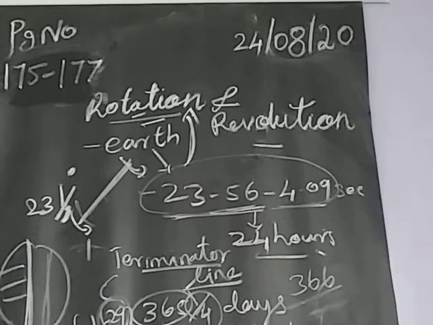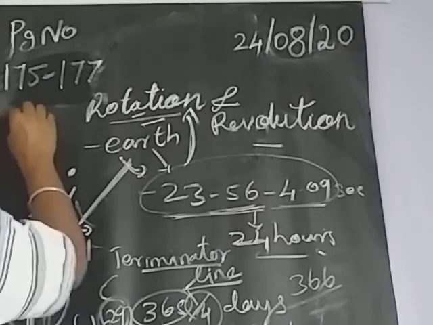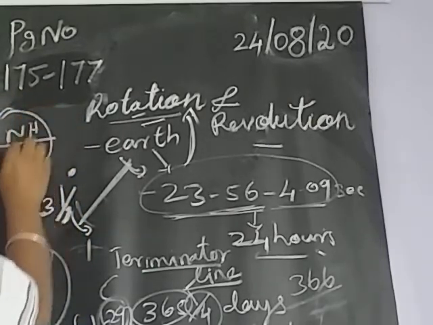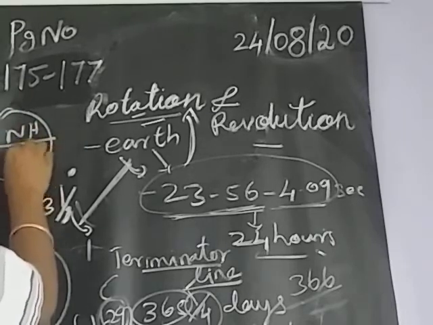Next, the northern hemisphere is inclined towards the Sun for 6 months, from 21st March to 23rd September. For example, this is the northern hemisphere and this is the southern hemisphere.